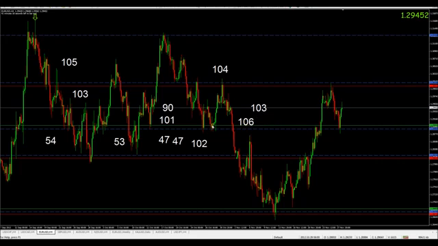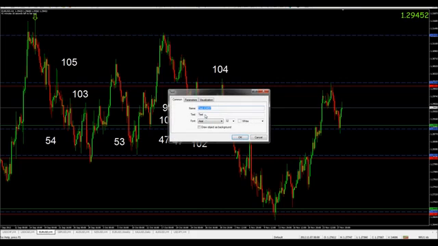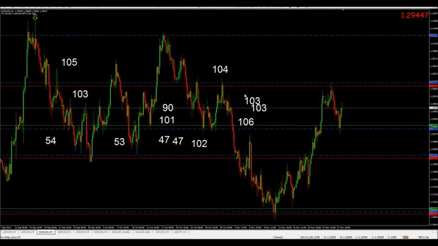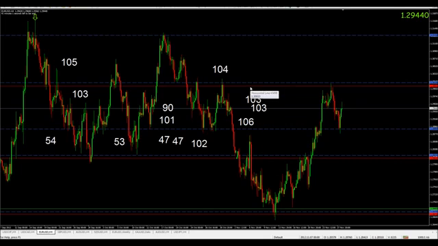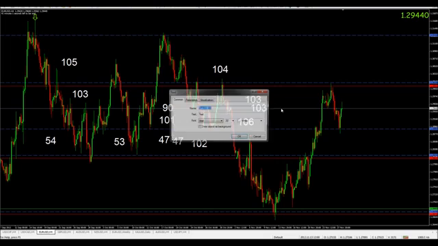So as it comes back up, make another 103 pips here. Yep, get rid of that one. And here it comes back down again for another 103 pips.